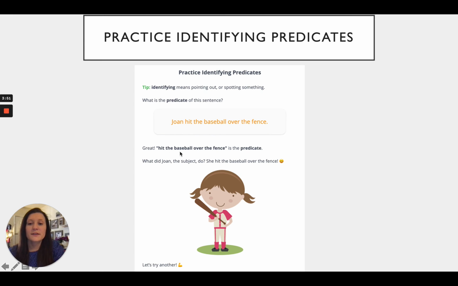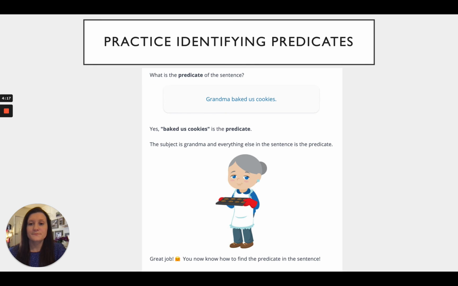So hit the baseball over the fence is the predicate because we have the verb hit in there. And Joan would be our subject. So what did Joan, the subject, do? She hit the baseball over the fence. So Joan is our subject, and hit the baseball over the fence is our predicate.